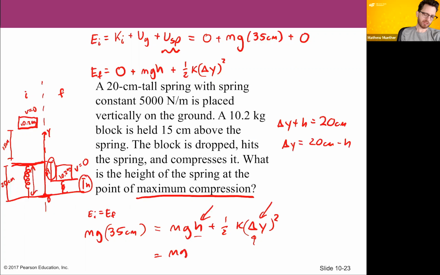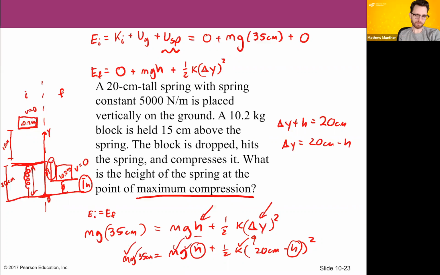This is mgh plus 1/2 k, and now I'm going to have my 20 centimeters minus h squared, equal to mg times 35 centimeters. And now I have an expression where I know the mass of this object that was given to me. I know the gravitational acceleration constant. I was given the spring constant here. The only unknown here is h.